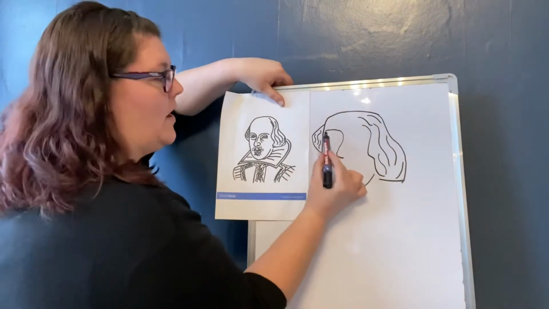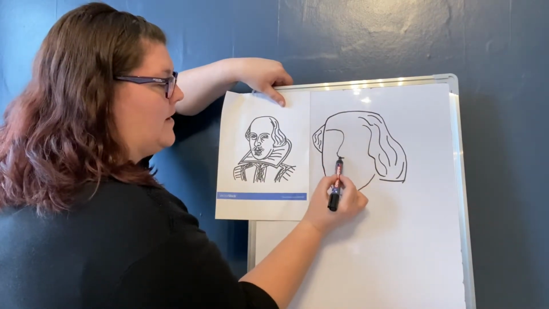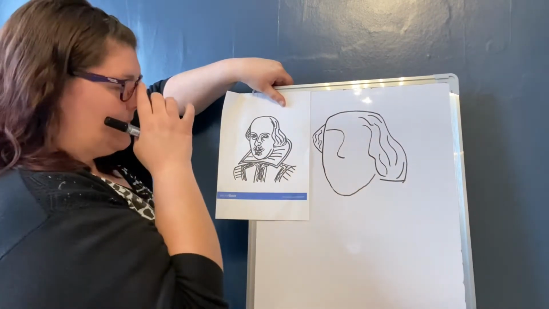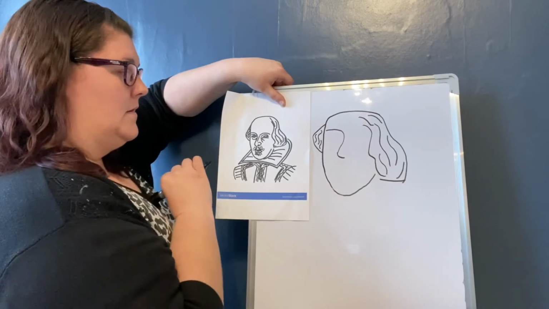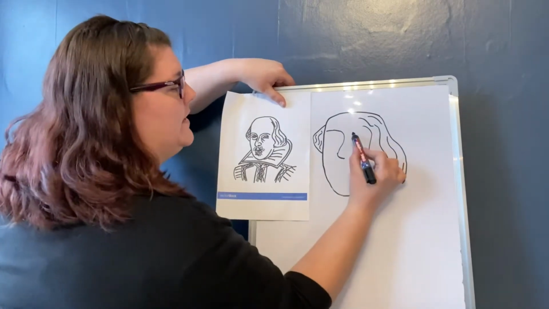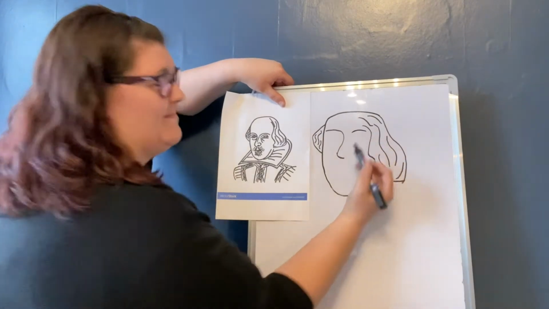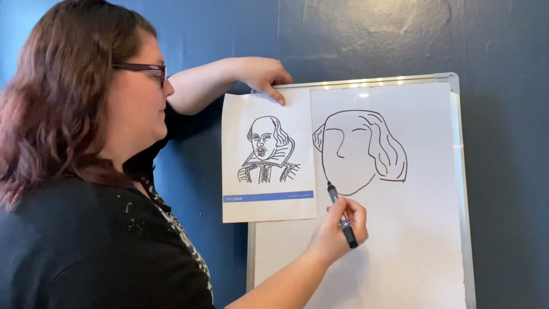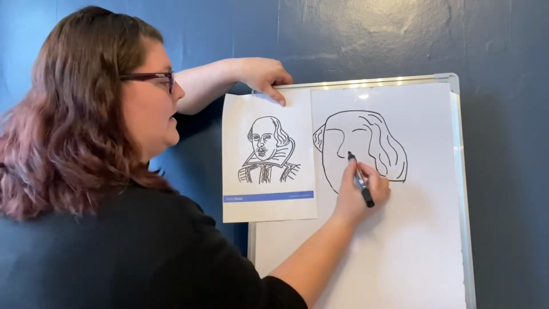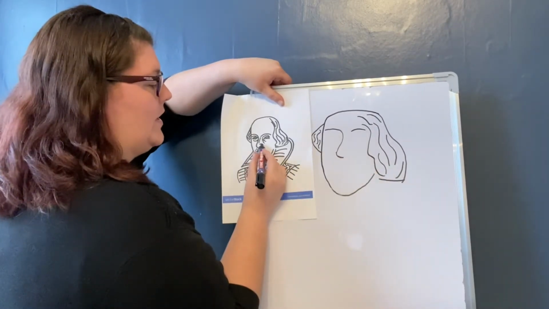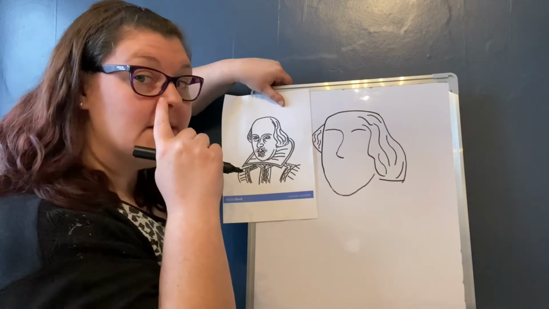So we've got his eyebrow coming down into his nose. And then this side, we're going to give him another eyebrow because we've got two eyebrows, haven't we? And then here, he's got the curly bit of his nostril. That's this side bit here.